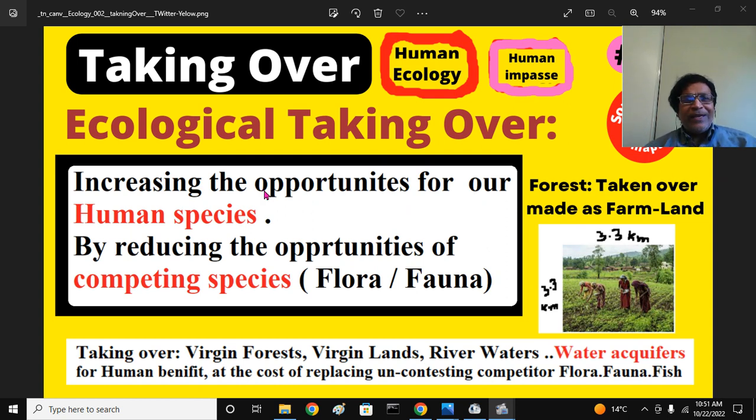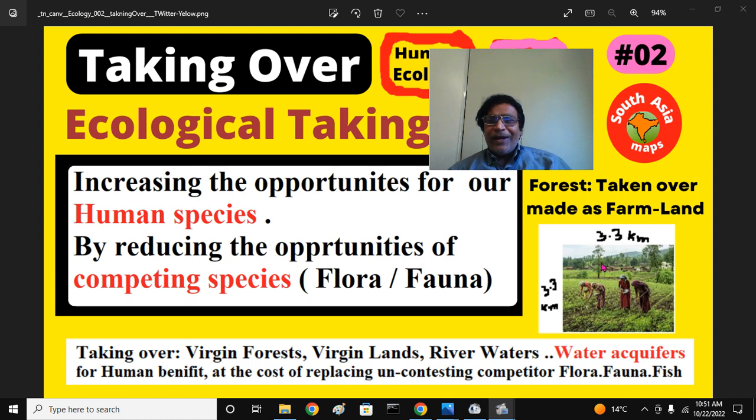That means humans increase the opportunity for their own species population by reducing the opportunities of, and eliminating, competitors, flora and fauna. Humans took over the virgin forests, virgin lands, river waters, water aquifers, and humans benefit, but at the cost of other competitors. This is what we do in agriculture: our population increases.